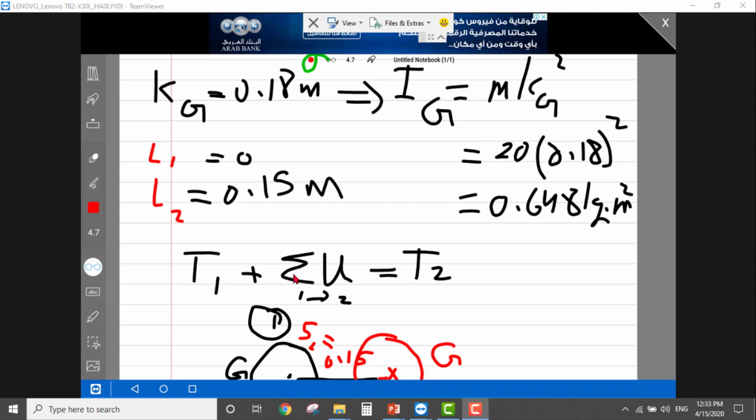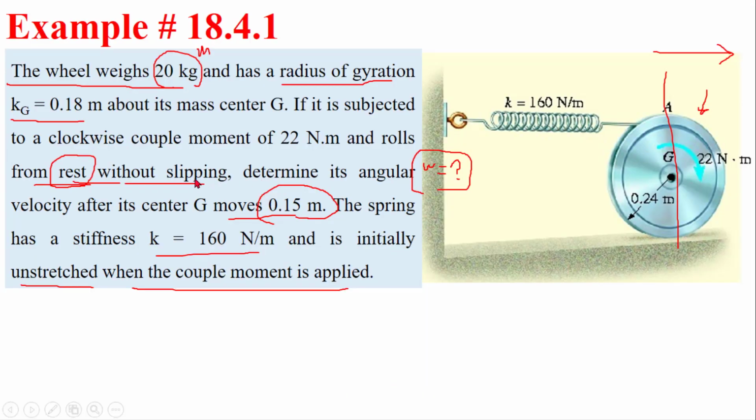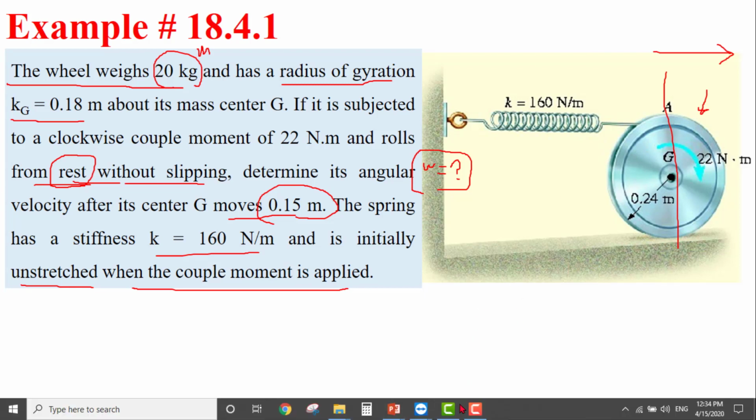Okay, this is much better because this is the movement of the centroid. Okay, because in the problem statement it's mentioned that the center G moves 0.15. So here is center G, and here is the point where the spring is attached. Okay, at point A.